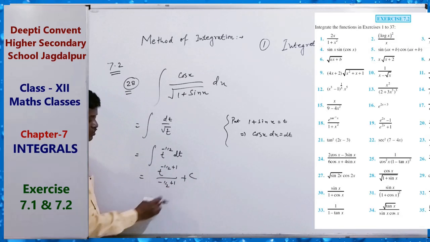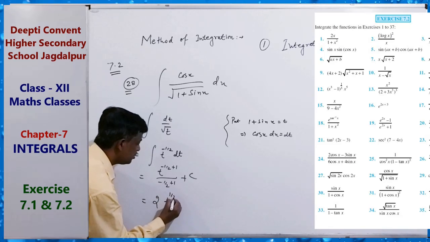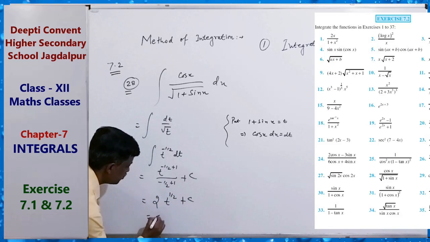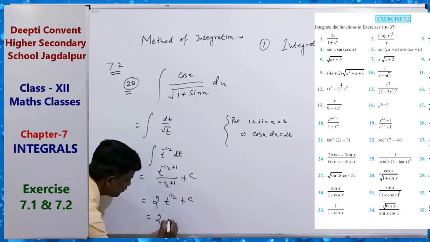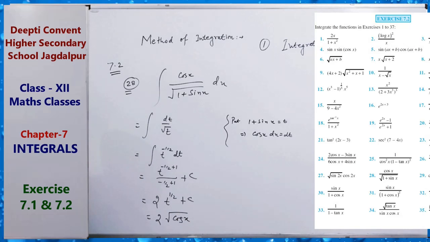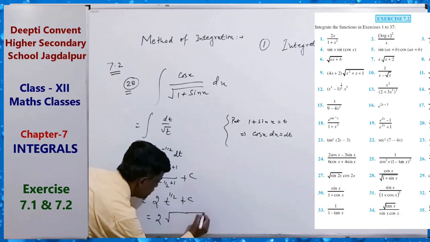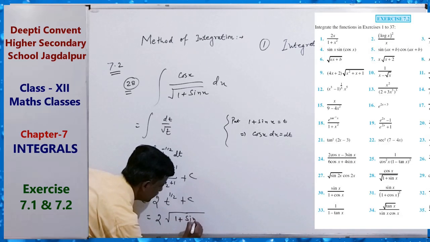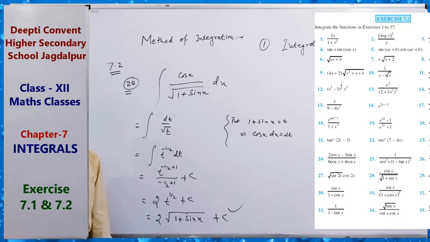Minus half plus 1 means 1 by 2, so 2 t to the power 1 by 2 plus c. So 2 root t, which is 2 root of 1 plus sin x, plus c. So this is the answer.